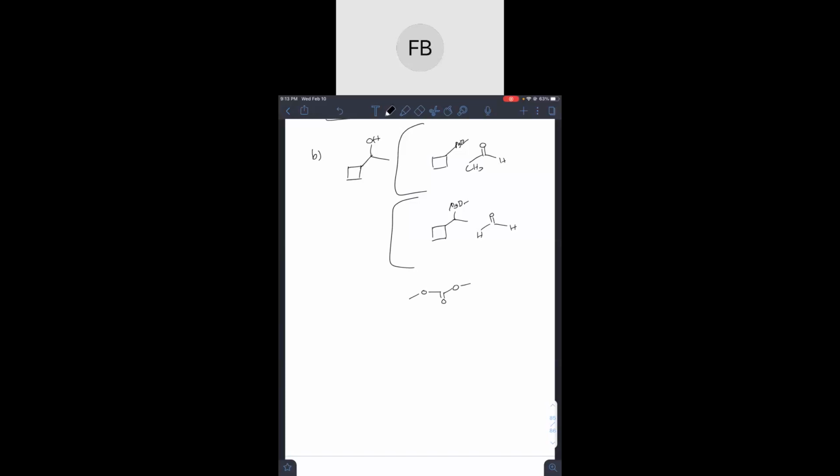Oh, okay, so you're saying that, I see. Let me reread this. Yeah, that would work. So what JD is saying is an ester on each side. So basically what happens is we're reacting it with this and also this.